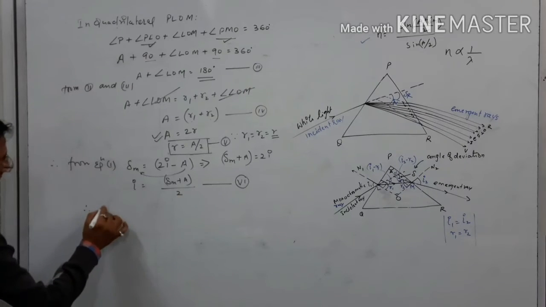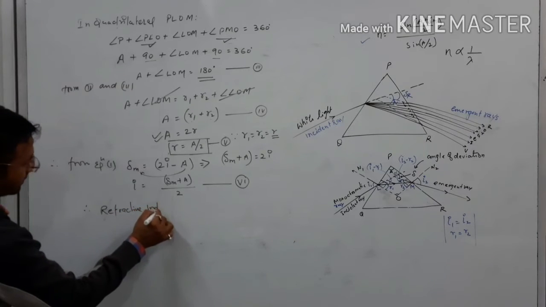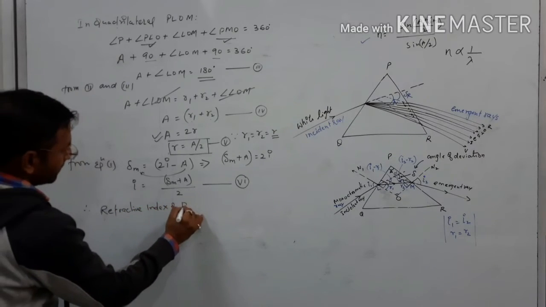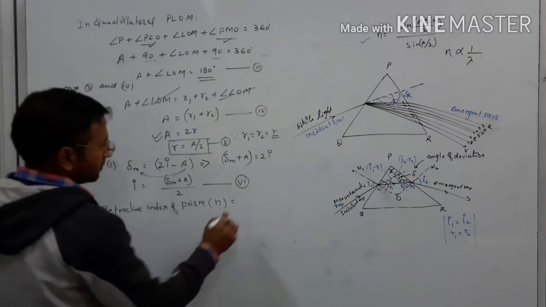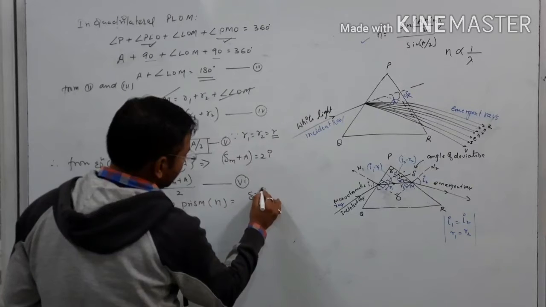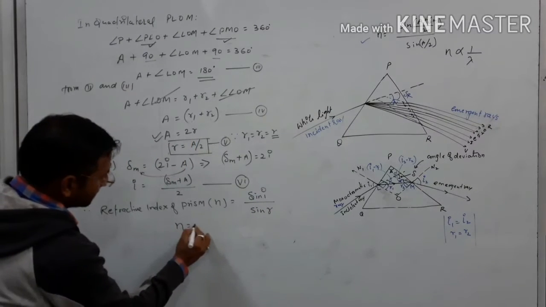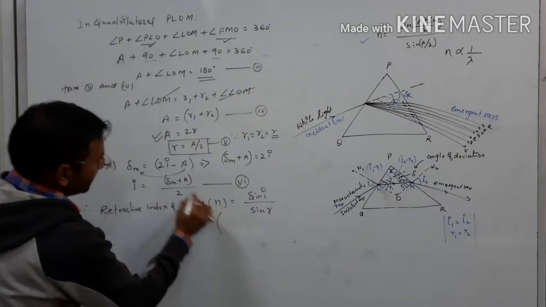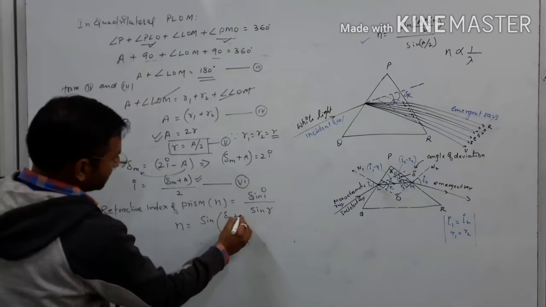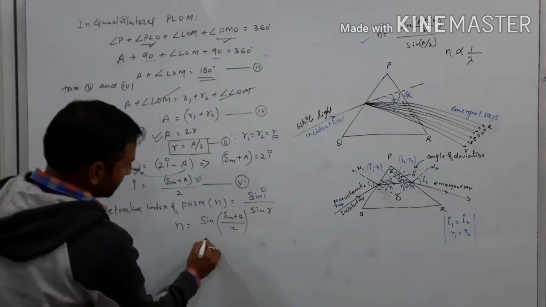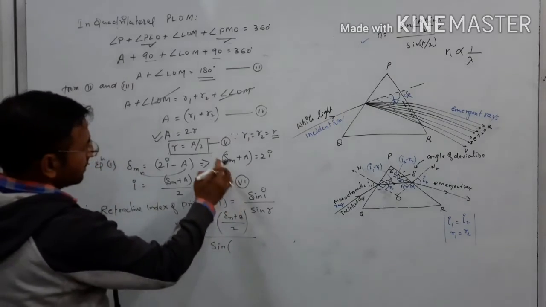Therefore, refractive index of the prism n is equal to sin I over sin R. N is equal to sin, in place of I I will put the value (delta m plus A) by 2, over sin R, and R means A by 2.